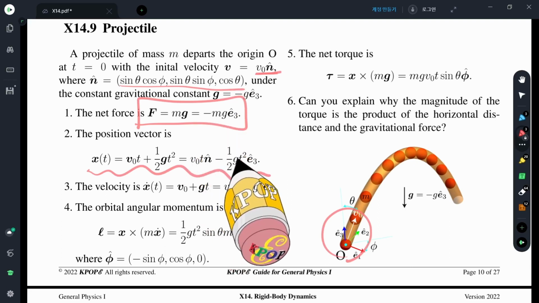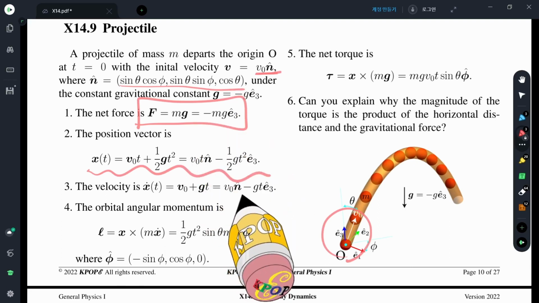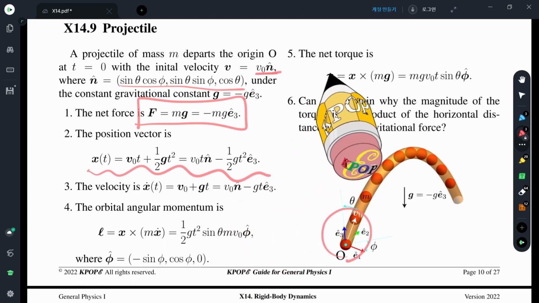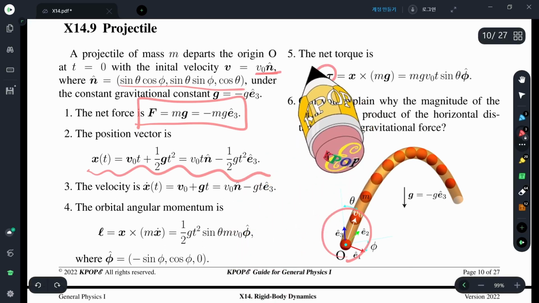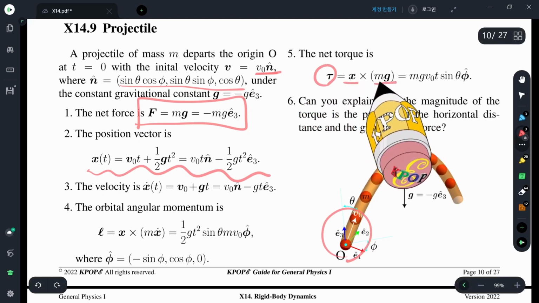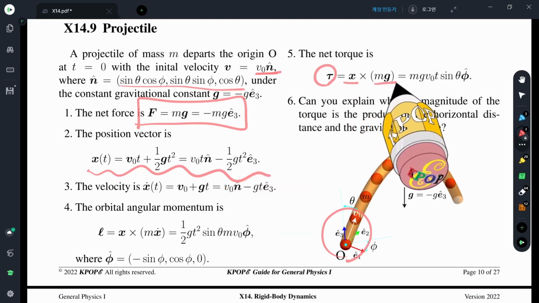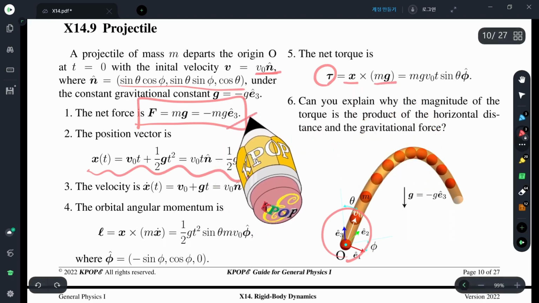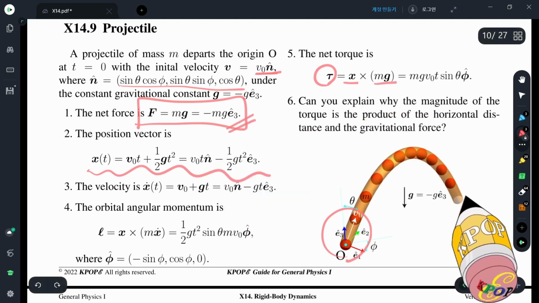Before we solve the problem, actually we know the answer. What we want to do is to compute the torque, and torque is r cross F, and F is constant. In addition, the constant force is along the z direction, downward.